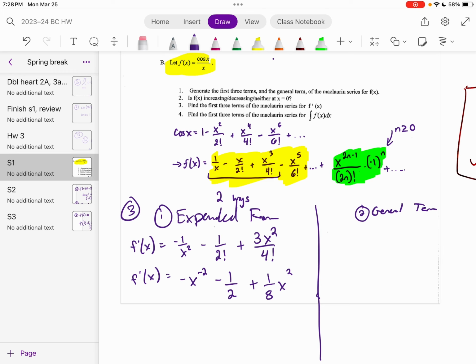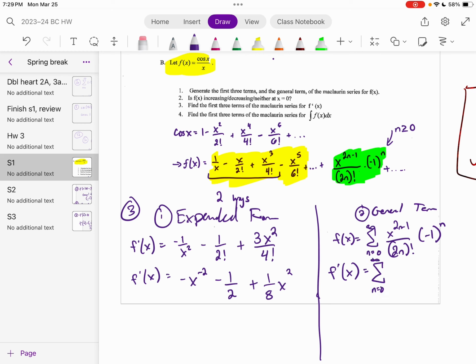Because we need to think about an expression for f prime of x. f of x is the sum as n goes from 0 to infinity of this thing. So then f prime of x has to be the derivative of that, right? The derivative of that thing.